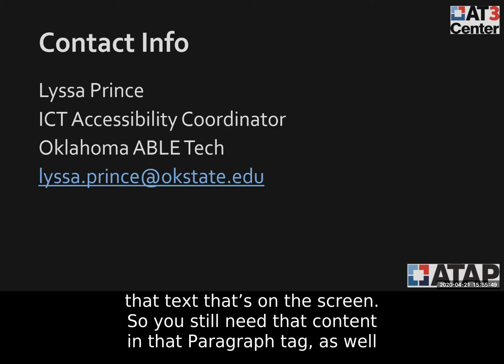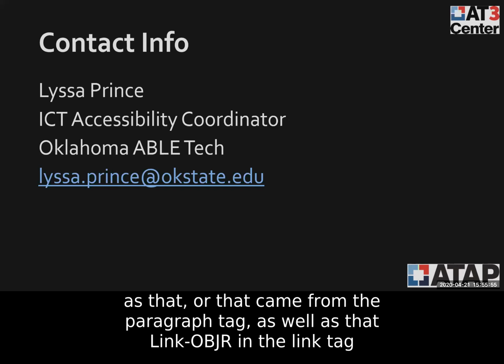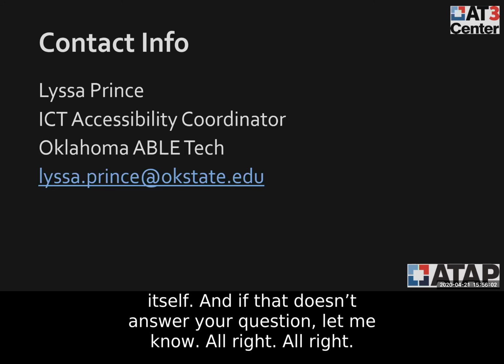So you still need that content in that paragraph tag, as well as the link OBJR and the link tag itself. And if that doesn't answer your question, let me know.